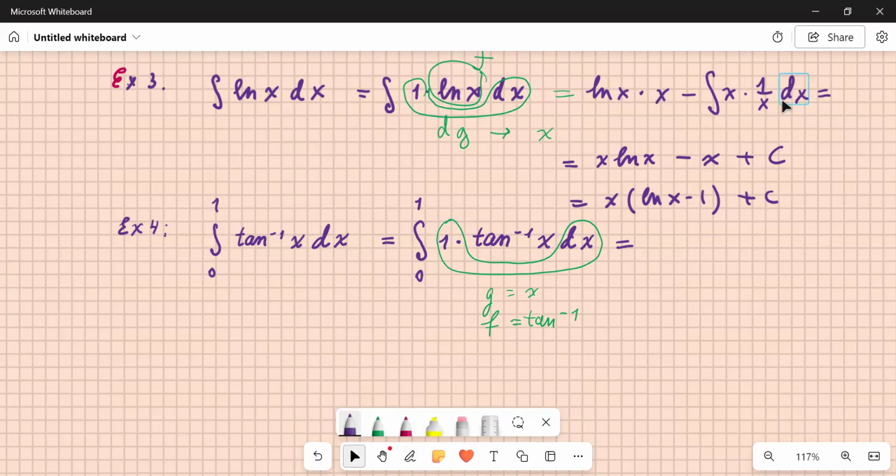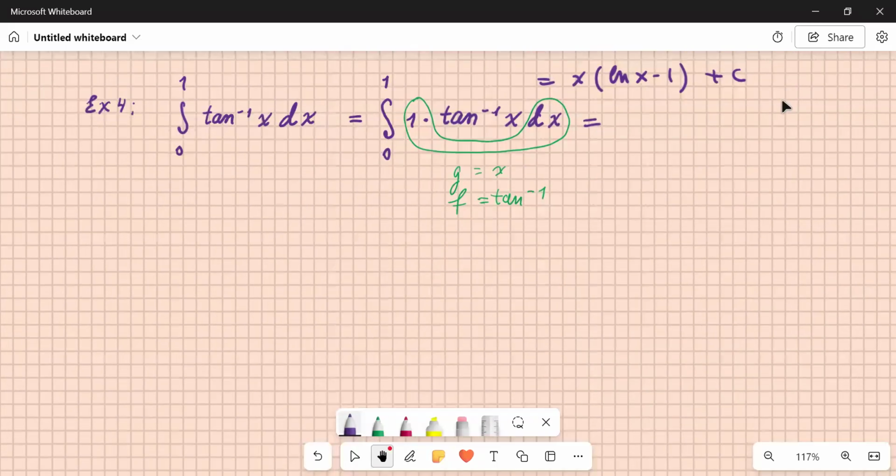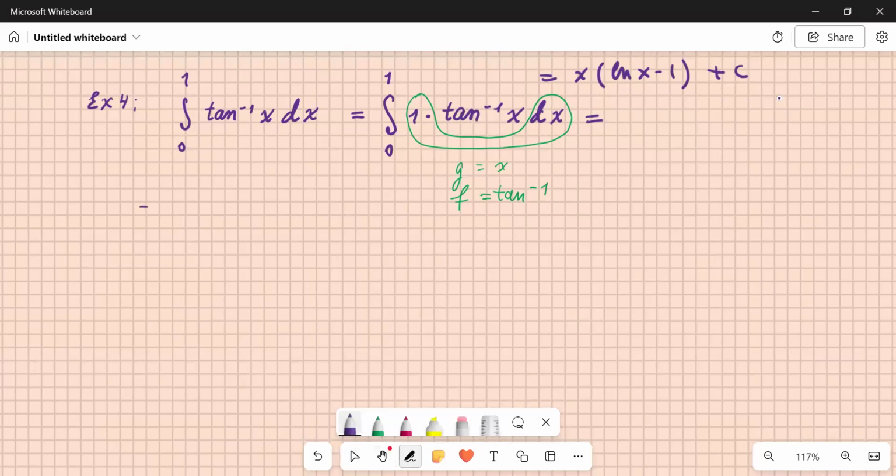And let's continue. Let's use the formula. I'm going to put an equal sign. And, sorry, we'll need to multiply g and f first, right? x and tangent inverse of x, and then subtract. Sorry, not an equal sign, but a subtraction sign.